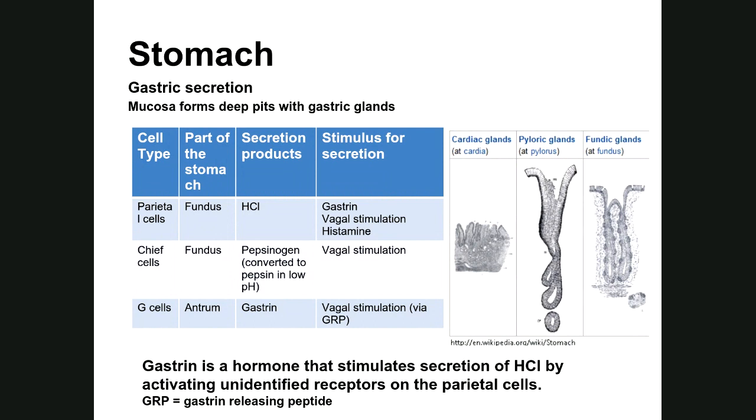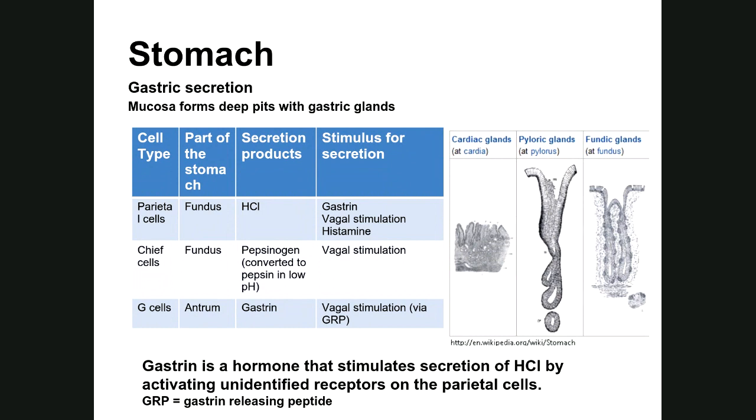They secrete HCl. They are stimulated by gastrin, vagal stimulation, and histamine. We also have what we call principal cells or chief cells. We find them also in the fundus. They produce pepsinogen that converts to pepsin in low pH.